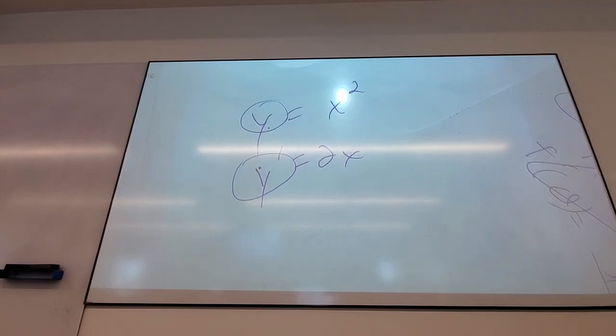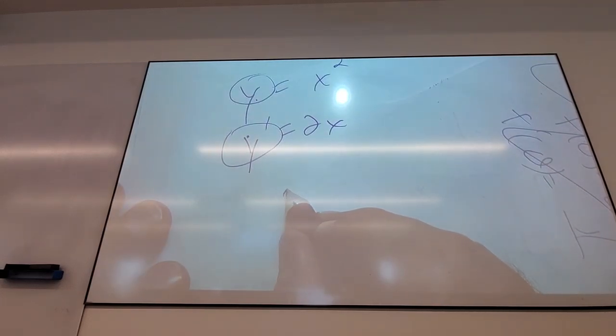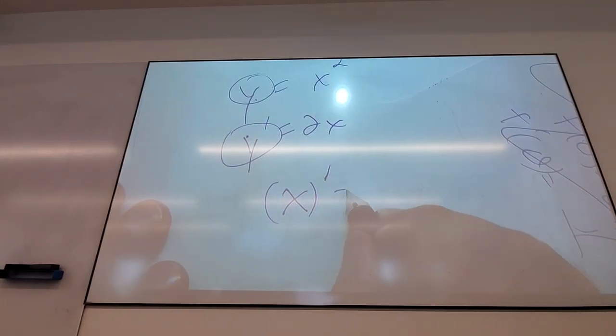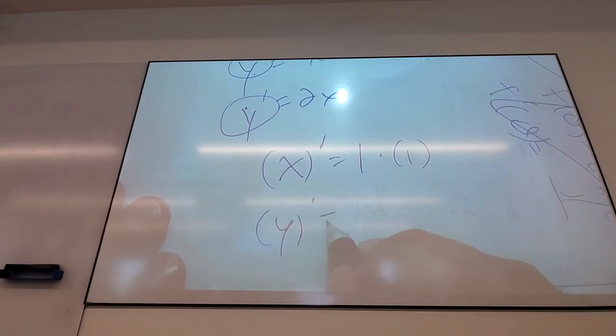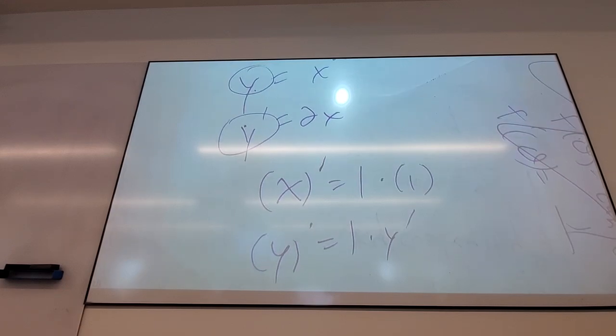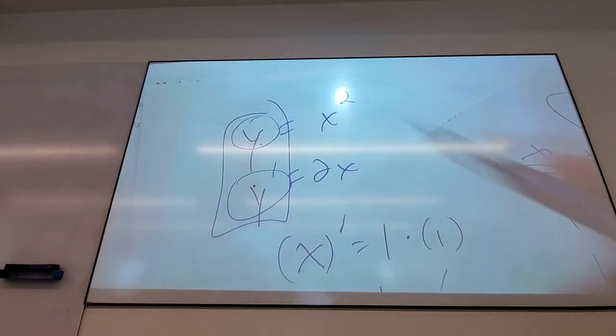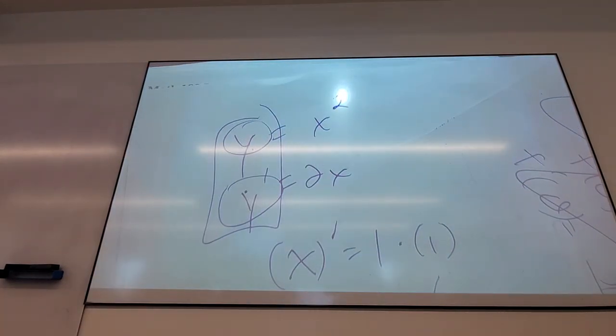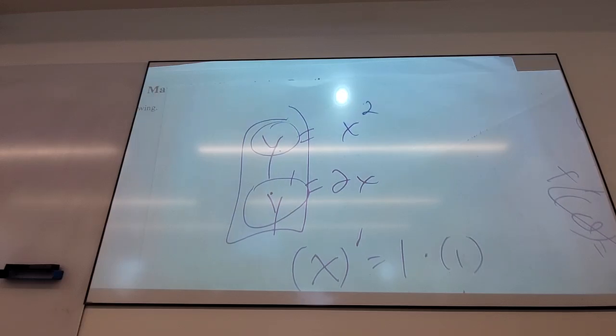So you could look at it as if the derivative of x is 1 times the derivative of x. What's the derivative of y? It's 1 times the derivative of y, which is y prime. A much better way to look at it, though, is just the fact that we know the derivative of y is y prime. This is what we've been writing since the beginning, almost. Okay, I like it.